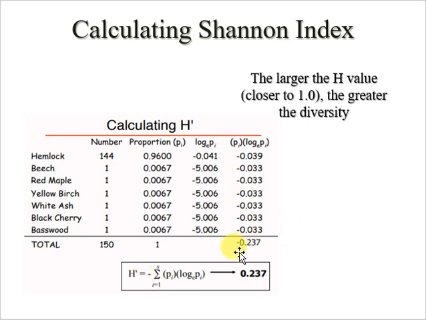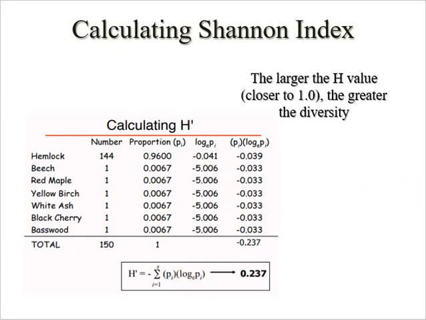So the reciprocal of this negative 0.237 will be 0.237. If you end up with a sum that's negative, it's going to be truly positive because this formula is the negative sum of that pi log pi value.